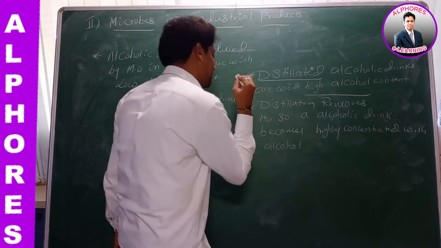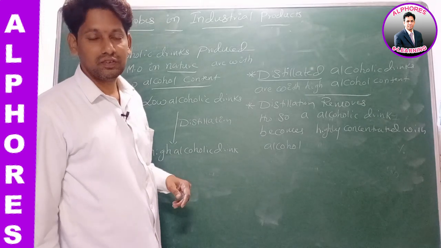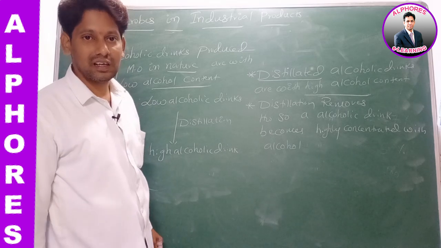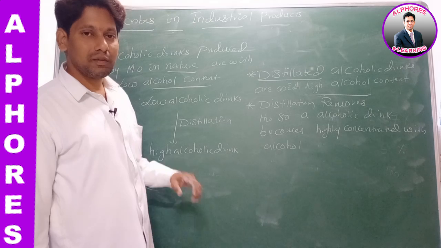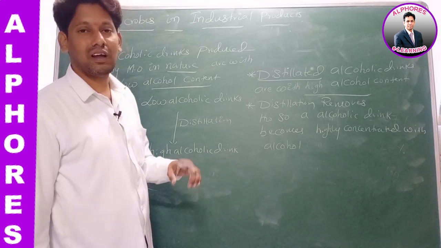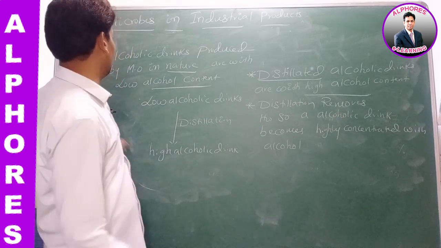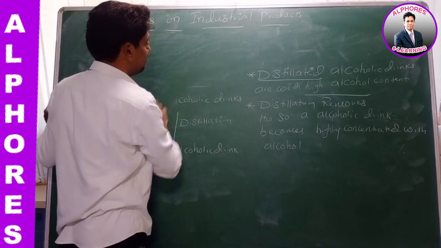Highly concentrated with what? Alcohol. We are saying that in beer 3 to 6% of alcohol is present. In wine 10 to 20% of alcohol is present. It means we can measure the alcohol content in alcoholic drinks. How is it possible? By using an instrument named alcohol meter.